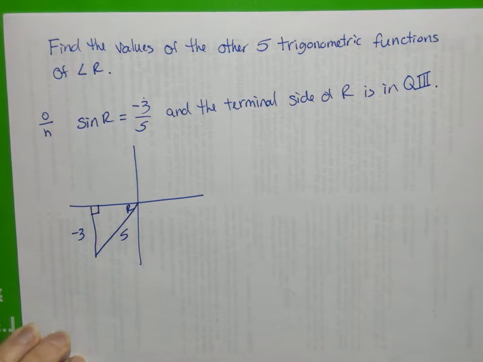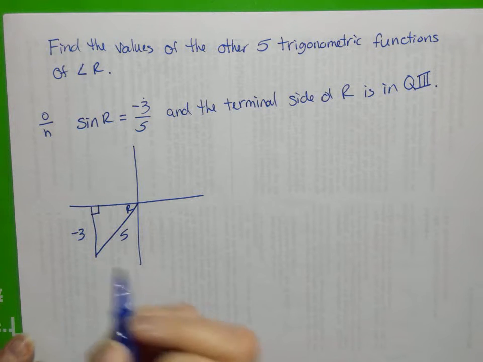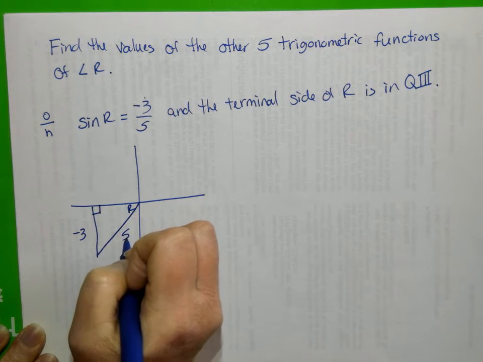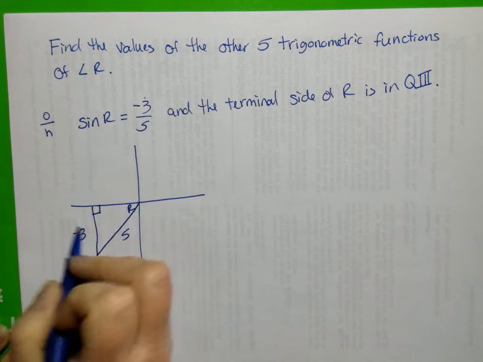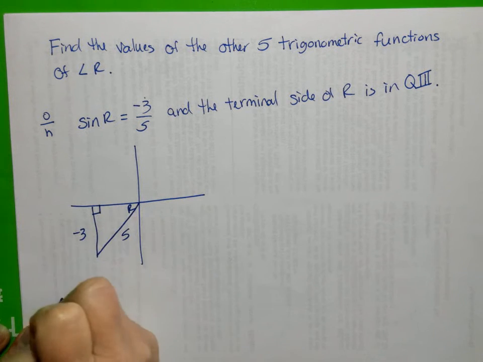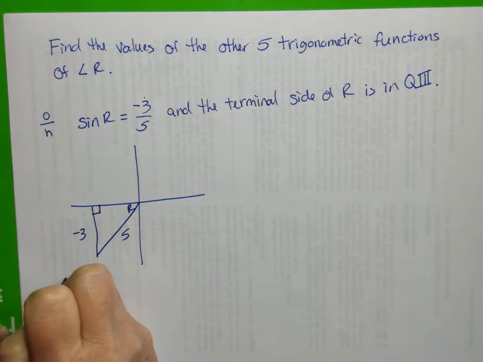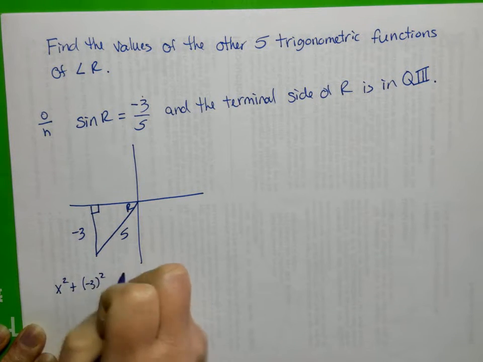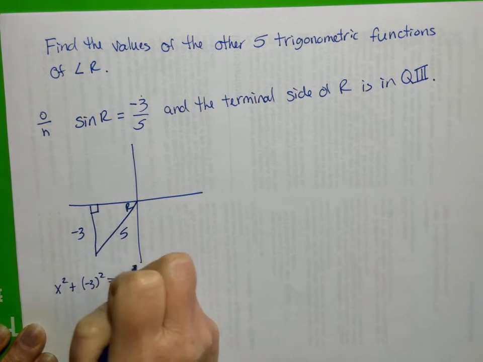Now my good old friend Pythagoras will help me find the rest. Side squared plus side squared is hypotenuse squared. So the side over here we're going to call x, and this one is my y.